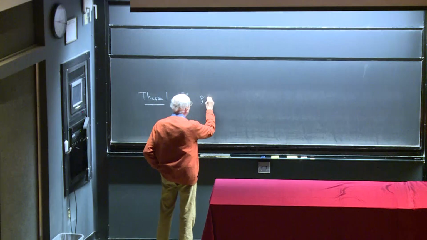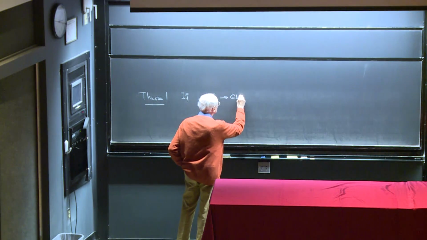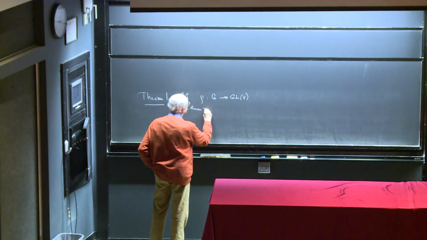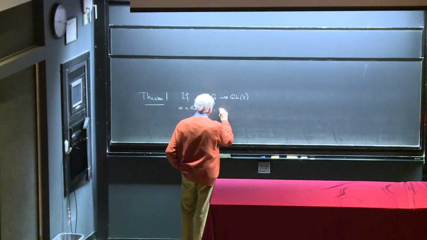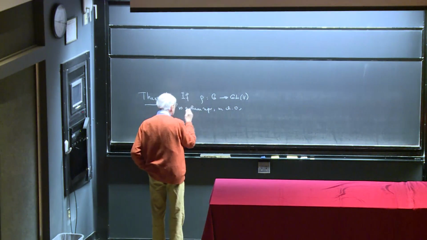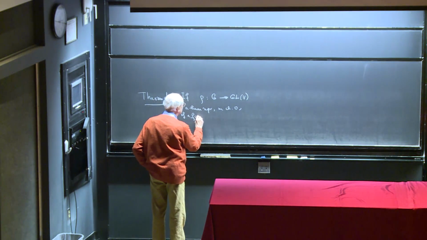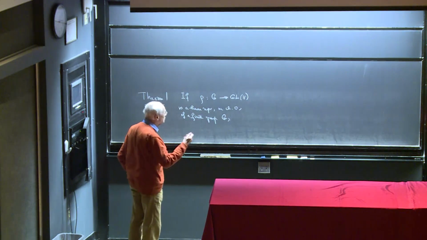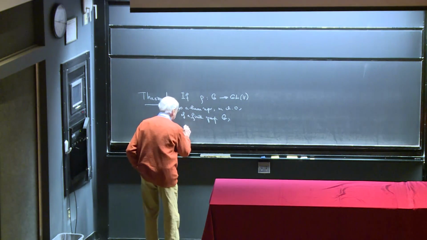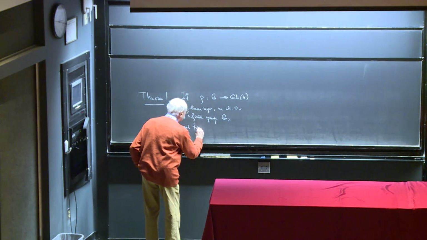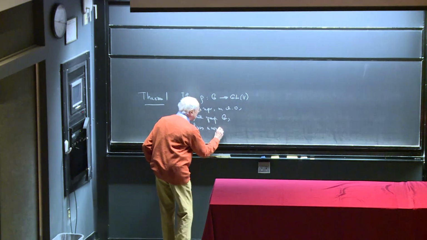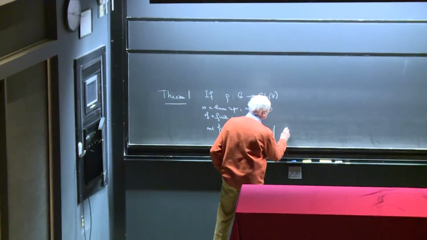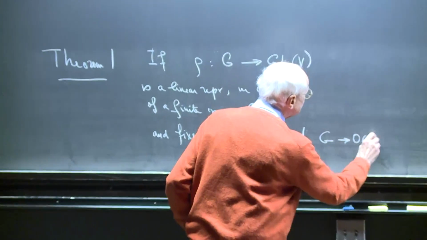If rho is a linear representation of finite dimension in characteristic 0 of a finite group G, and if it is an orthogonal representation, that is, it fixes a non-degenerate quadratic form, so that really it is a map from G into some orthogonal group of V.